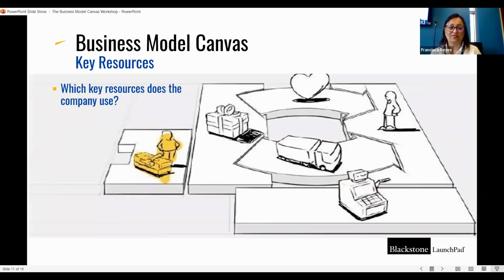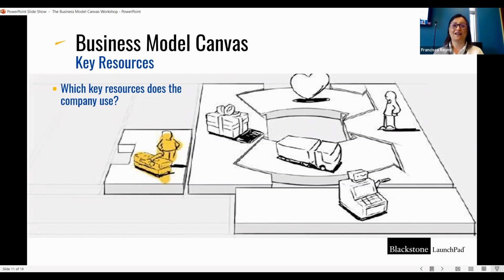The next one talks a little bit about key resources. In this one, we're talking about the things that you have to carry on the value proposition. What do you have in your company to offer this value proposition, this product or service, to the customer? Do you have key employees? You have an awesome team. You have a lot of energy, right? As an entrepreneur, you're like, yes, I'm young.